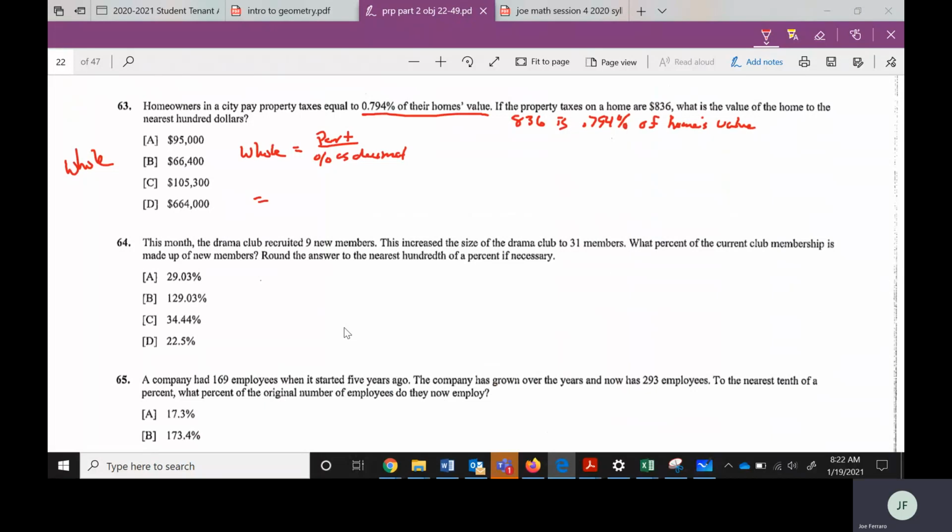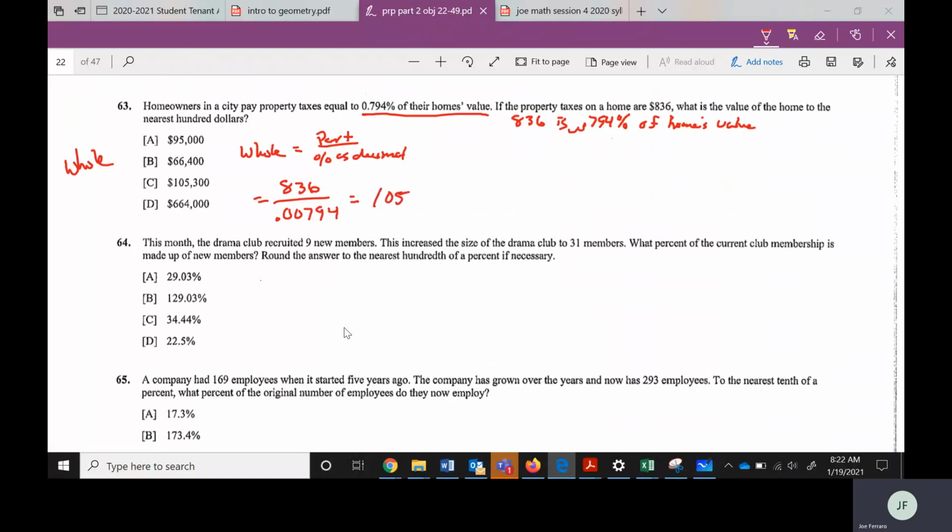So we said the part is 836. Now that percent, it might be easy just to say, oh, it's 0.794. But remember, to go 1, 2 spots over to change the percent to a decimal, and it actually equals that. Okay.